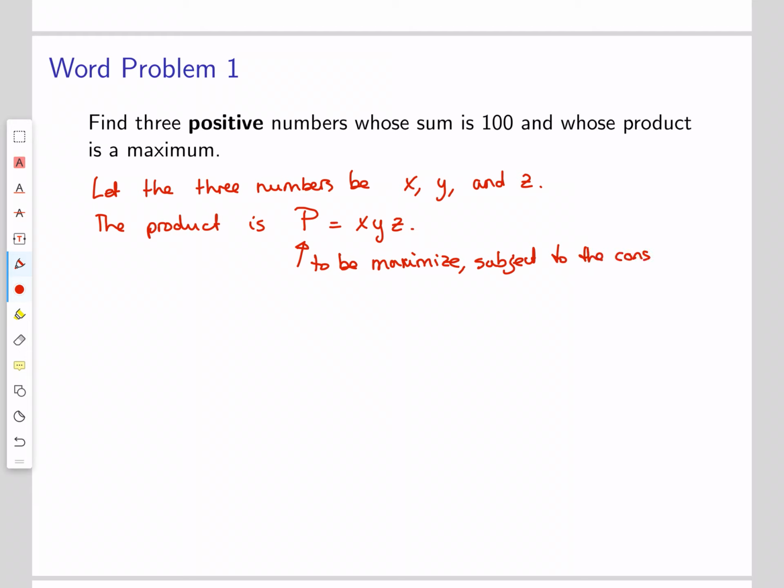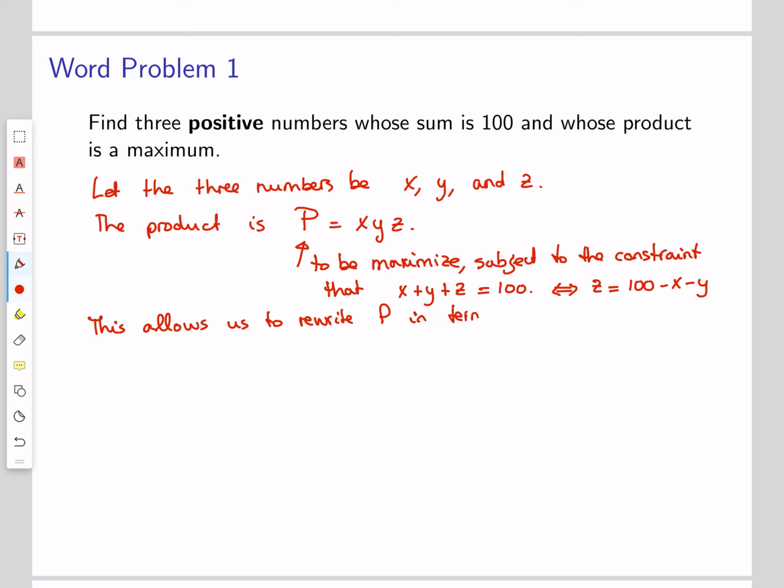We're given that the sum of those numbers has to be 100. So that tells us that X plus Y plus Z has to be equal to 100. I'm going to rewrite that: Z is equal to 100 minus X minus Y, because that allows us to rewrite P as a function of two variables.